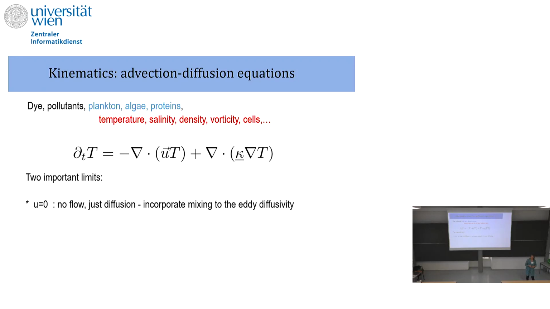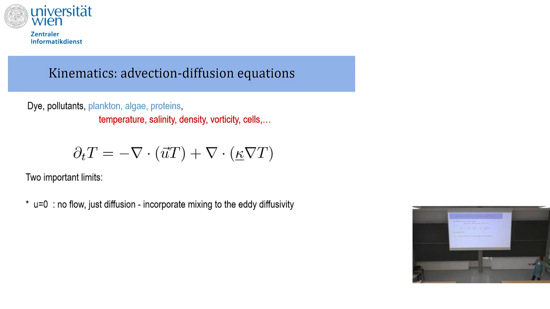One simplifying approach to understand such problems is to look first at what is called kinematics. So in the kinematics, you're saying, okay, somebody gave me the velocity field, solved the full equations, used some toy models, and let us just understand what a given velocity field does to a given passive scalar.